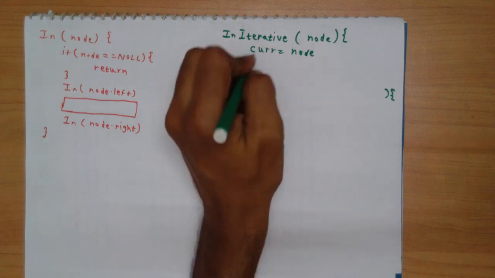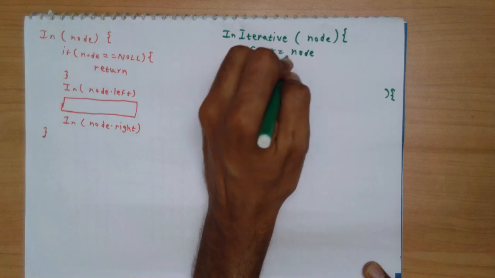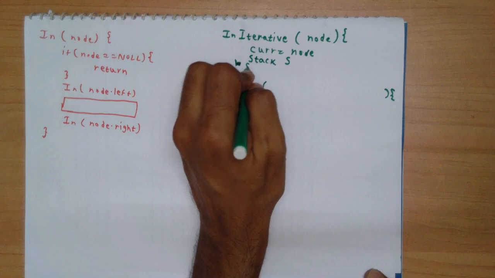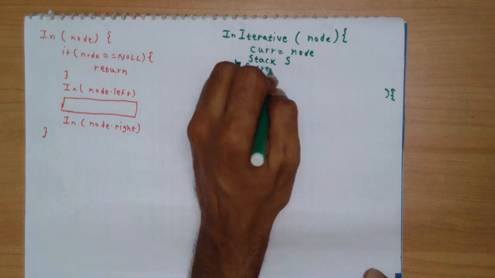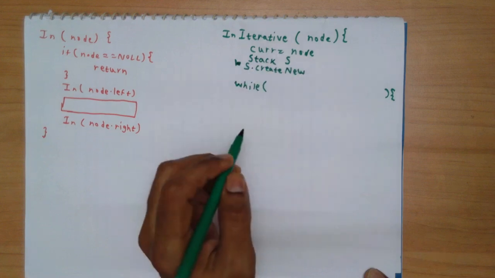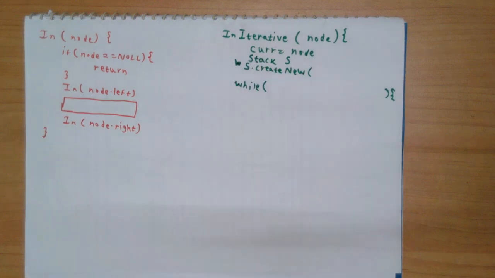So let's say I have a stack S, and let's create the stack, S dot create new, and the capacity I will need will be again the number of nodes in my tree.